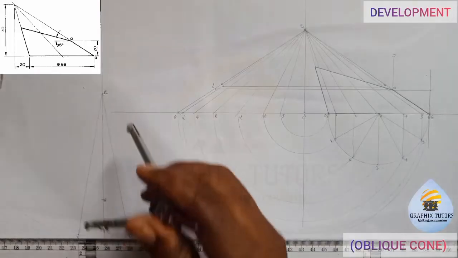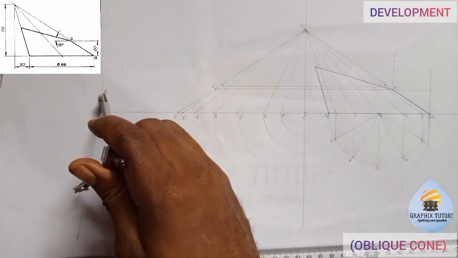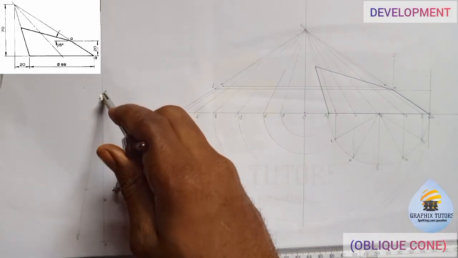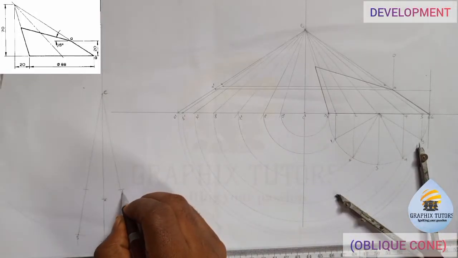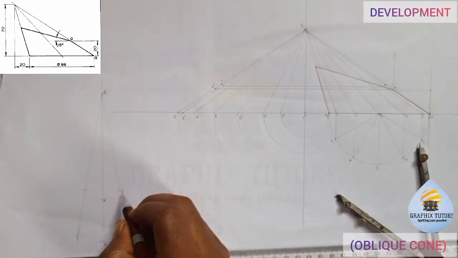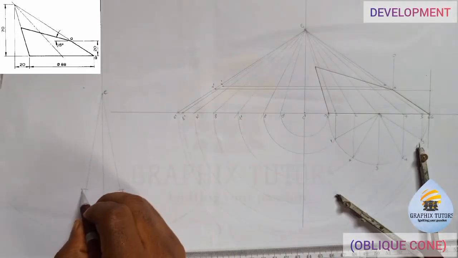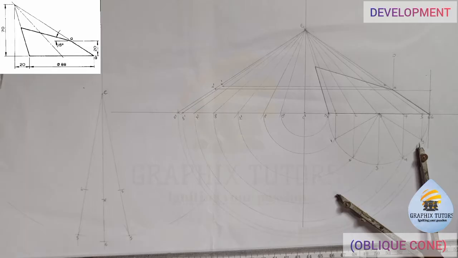And I'll come to C and I'll mark on that line of 5, 5 here and 5 here. So this point here will be B prime. This is B prime here, and here will also be B prime.